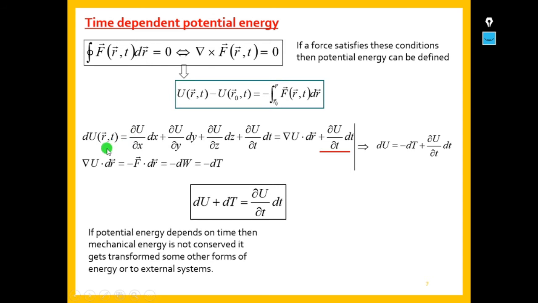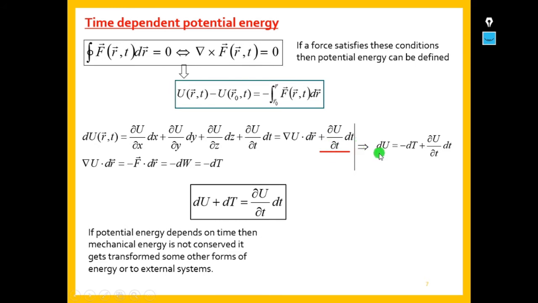We know that the differential of potential energy in terms of r and t will give rise to ∂U/∂x into dx plus ∂U/∂y into dy plus ∂U/∂z into dz plus ∂U/∂t into dt. So this can be further simplified in terms of grad U·dr plus ∂U/∂t into dt.